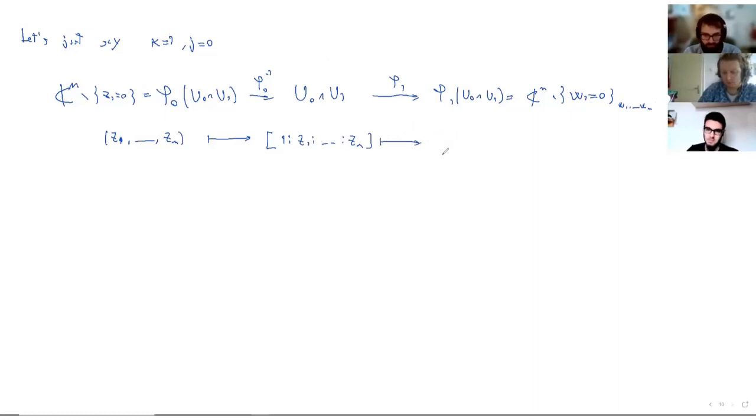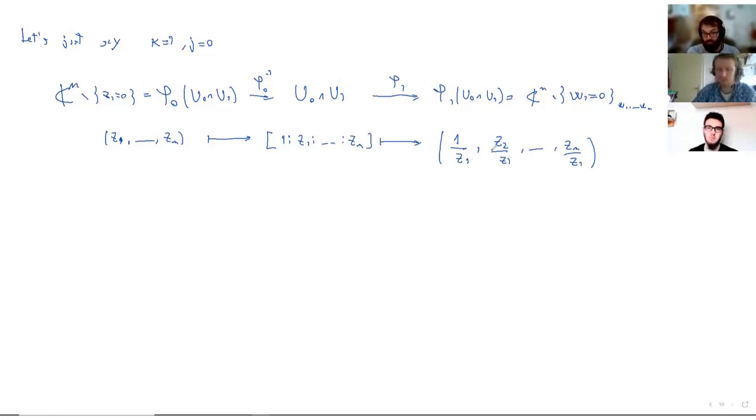So we get 1 over Z1, then the second coordinate is skipped, so we go directly to Z2 over Z1, and so on, up to Zn over Z1. We know already it's bijective because these were homeomorphisms and the domains are fixed so that this stays bijective.